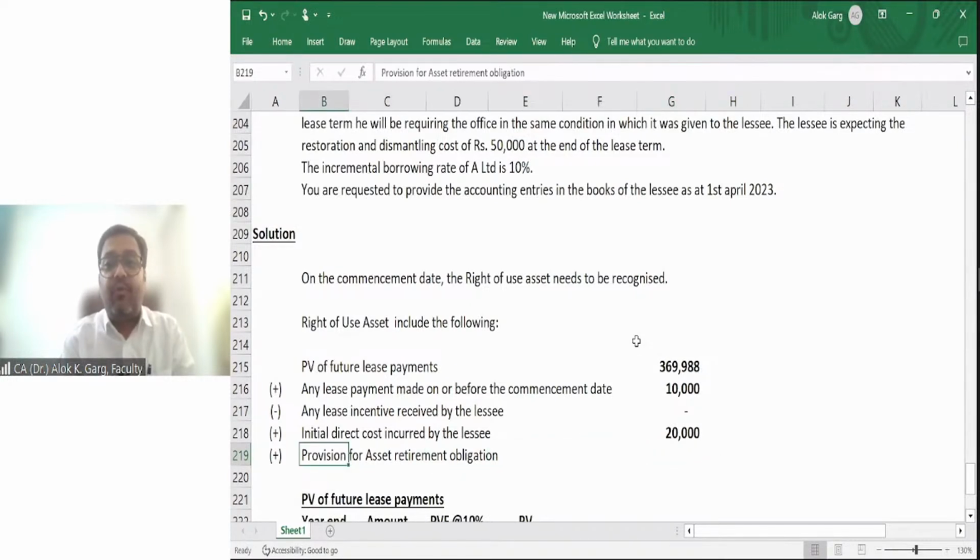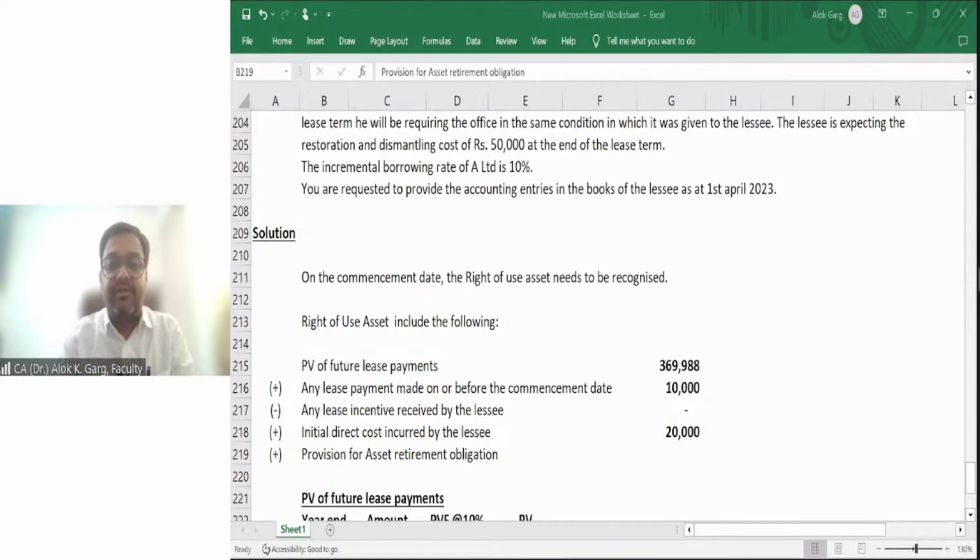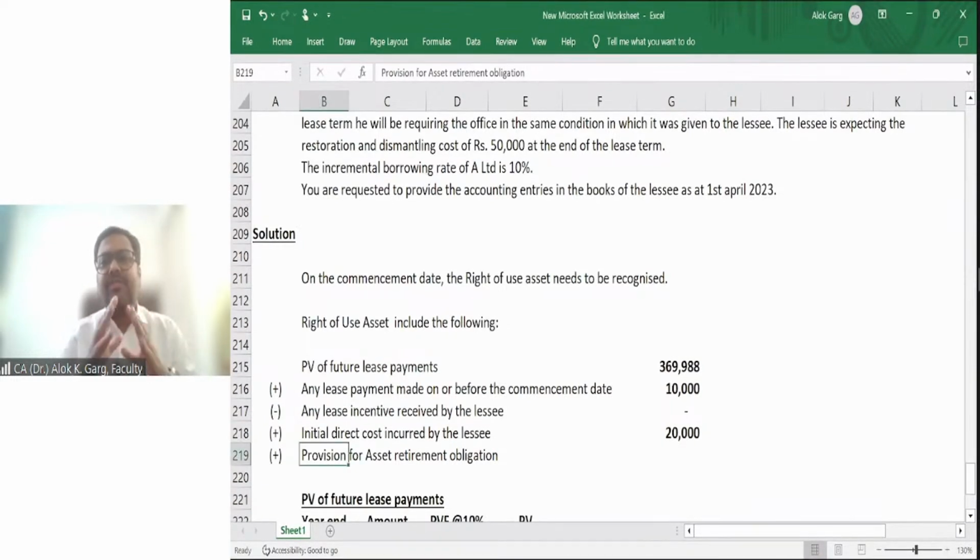Now, this provision for asset retirement obligation would be on the basis of present value. Why? Because this provision you are creating as per Ind AS 37. You remember the same concept was there in Ind AS 16, property, plant and equipment also.